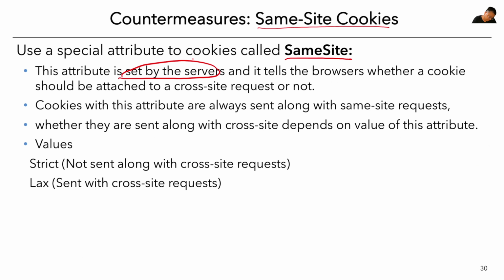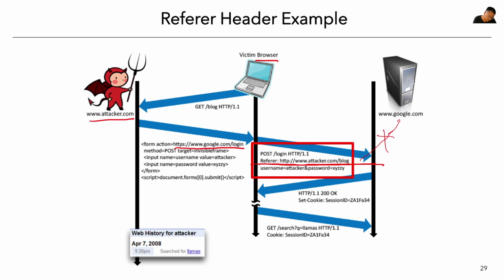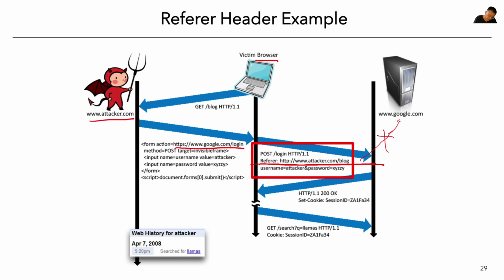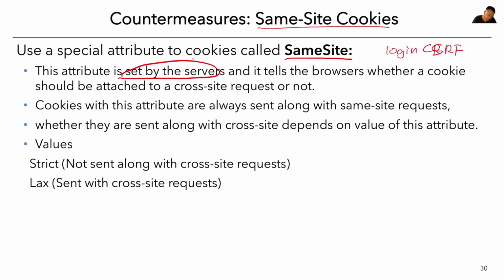Okay, but this defense is not very effective against cross-site request forgery, right? It's not very effective in this case because at the beginning there is no cookie exchange. So this is why same-site cookie is not a complete defense.